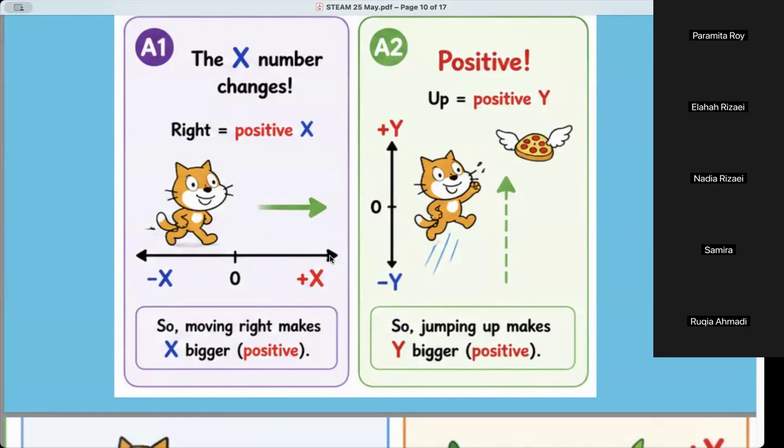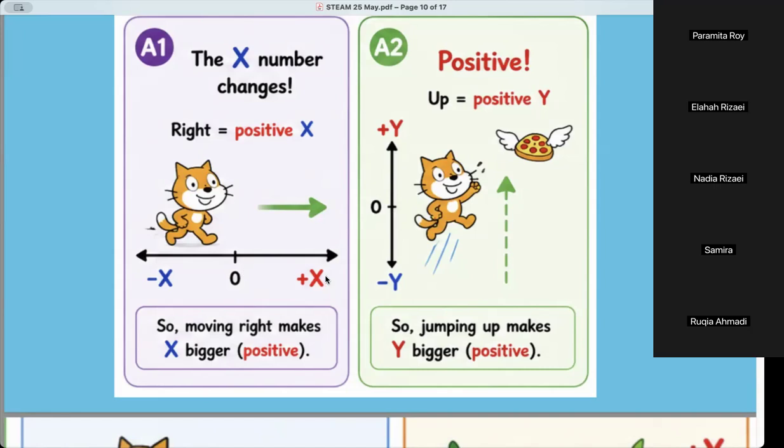It is the x-axis. Okay? This horizontal line is the x-axis. This vertical line is, come on girls, what axis? Vertical line is the y-axis. Good.